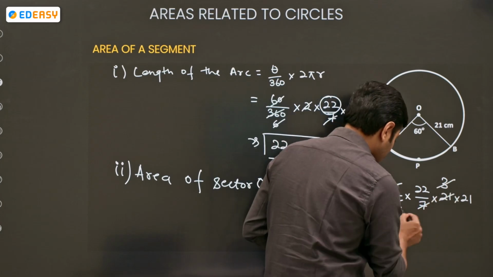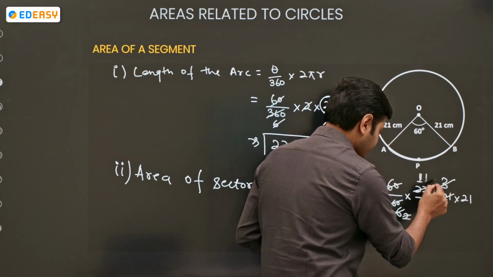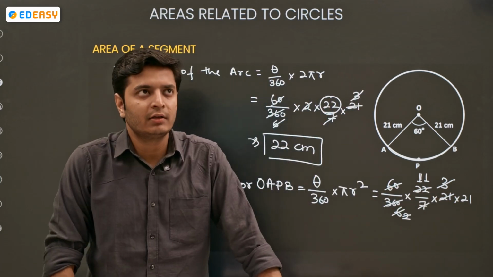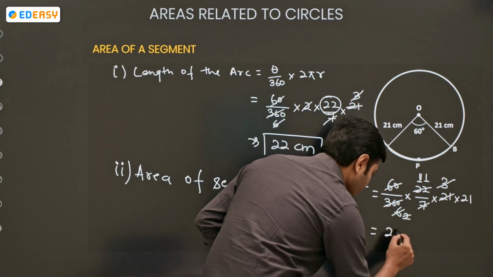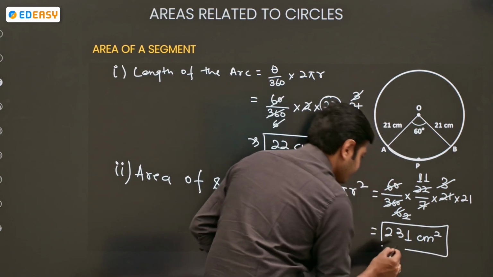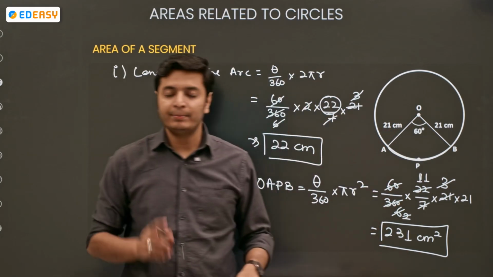So, 3, 2, 11. 11 into 21 is going to give us 231, correct? 231 centimeter square. This is the area of this sector OAPB.